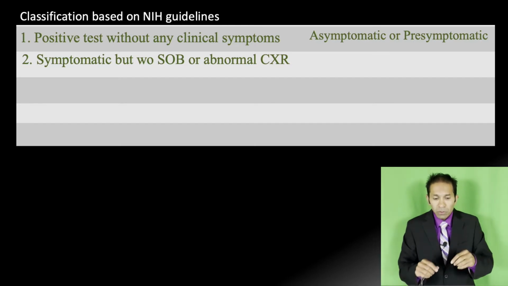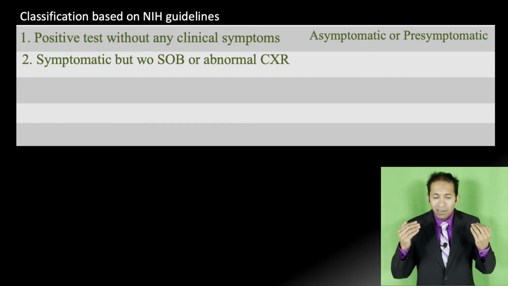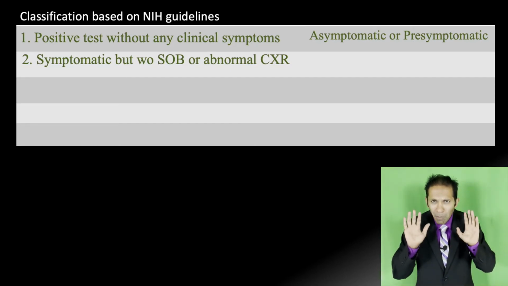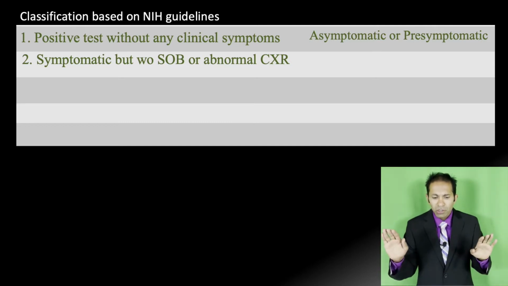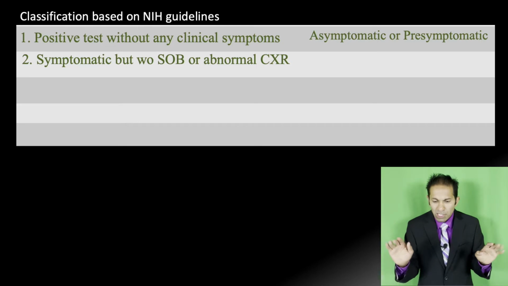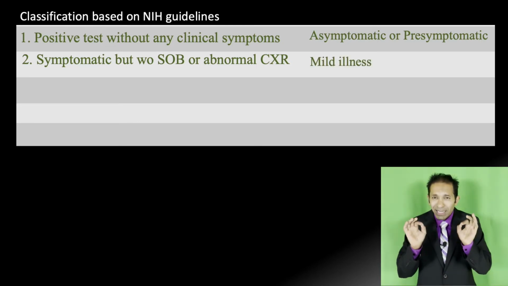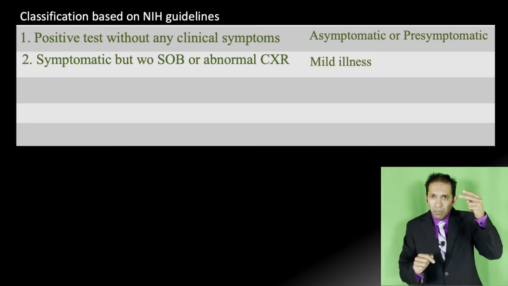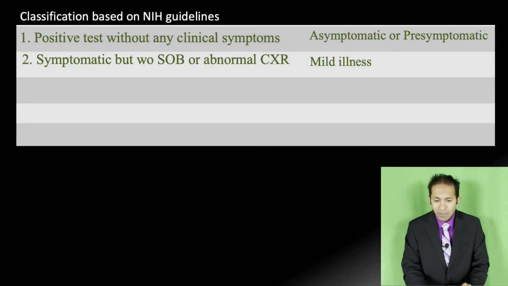Classification number 2, patients are symptomatic, they have mild symptoms, but no shortness of breath, no abnormal chest X-ray, and their pulse ox is normal. We label them as mild illness. Classification number 1 and 2, I have colored them green, so they have good prognosis. Most of these patients recover without any treatment.